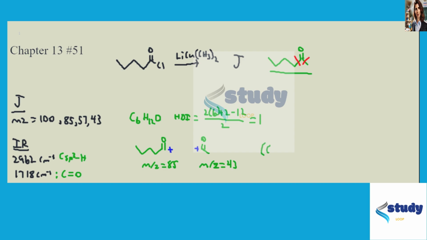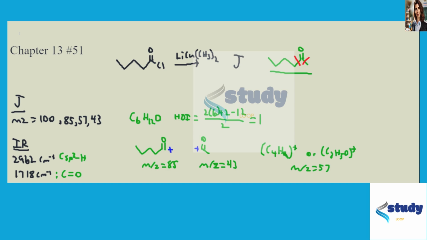We could say that that's due to cleavage of the alkyl chain. So C4H9 might get us there, or a piece that looks like C3H5O could also account for that. So either of these pieces could be the m/z equals 57.